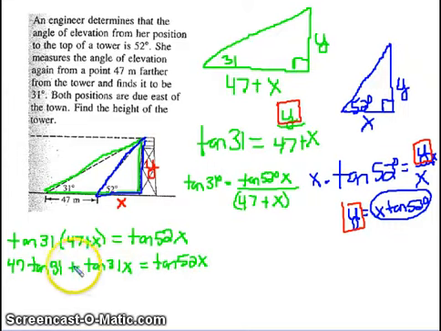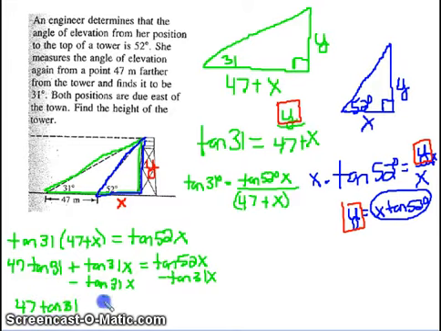We can get the x's on the same side by subtracting the tangent of 31x from both sides. So now I have the 47 tangent of 31 equal to the tangent of 52x minus the tangent of 31x.